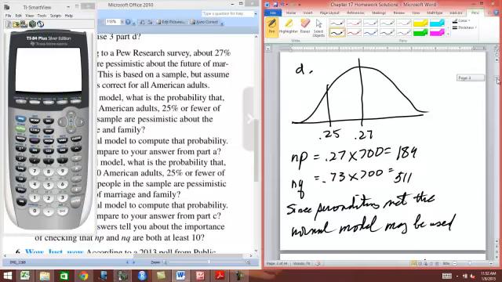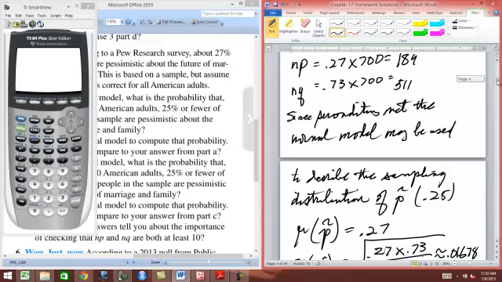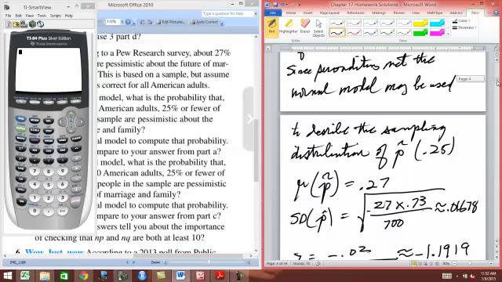Now we'll go back to our preconditions for D. NP is 0.27 times 700, which is 189, and NQ is 0.73 times 700, which is 511. Since the preconditions are met, the normal model may be used to describe the sampling distribution of p hat, 0.25. So the mu for p hat is 0.27. The standard deviation for p hat is the square root of 0.27 times 0.73 divided by 700.